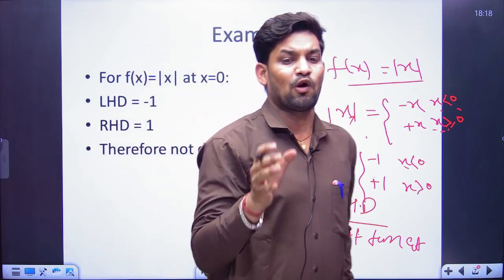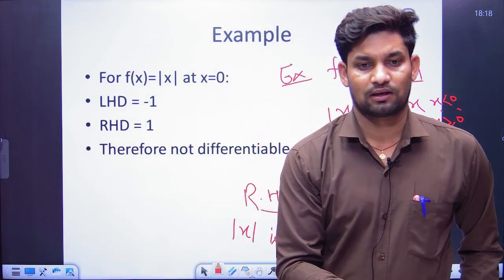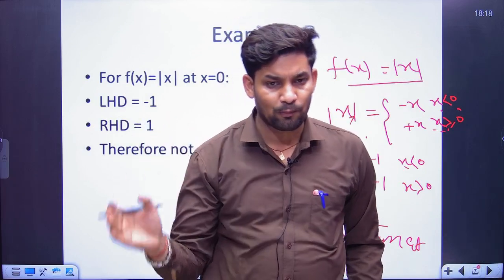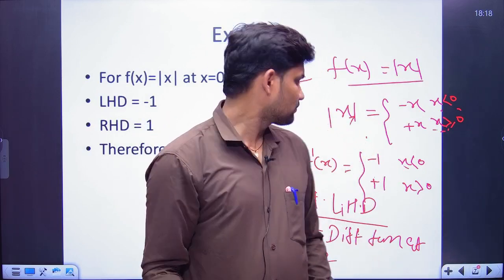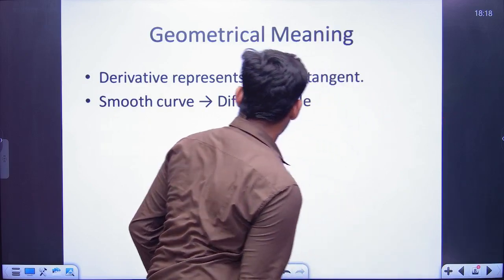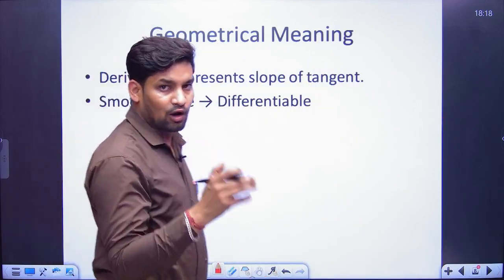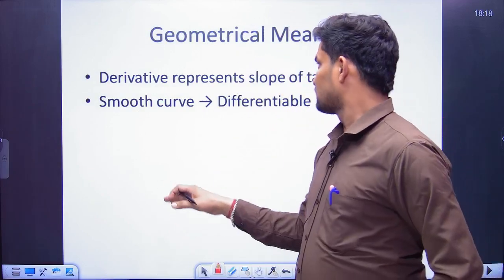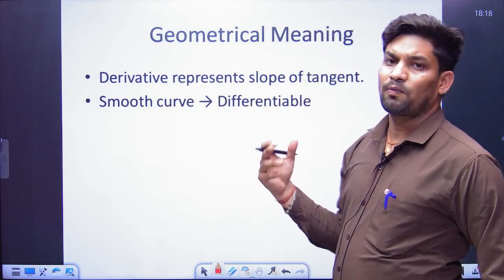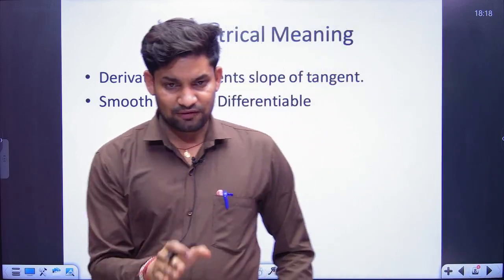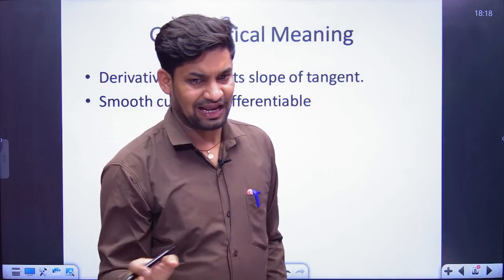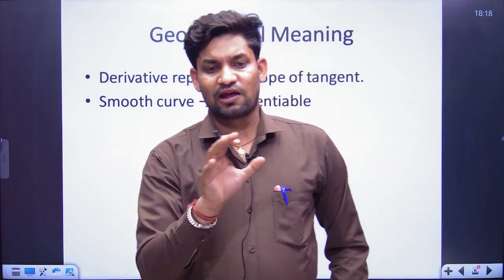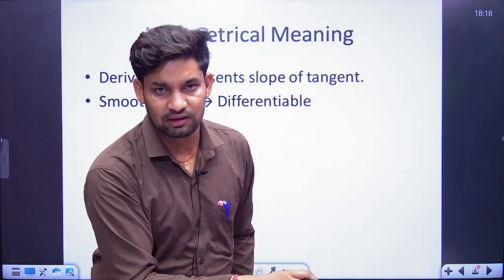Differentiability is a point-wise property because it depends on the point. Next, according to geometry, another definition of differentiability is this: the derivative represents the slope of the tangent. That means any function y equal to f of x is called differentiable if it has a unique tangent.